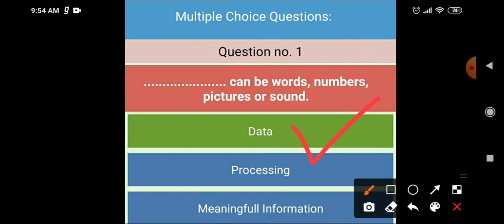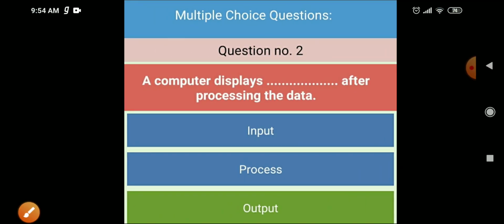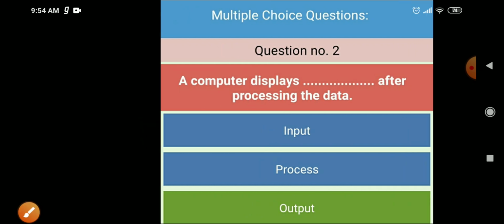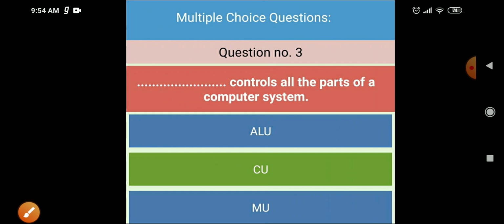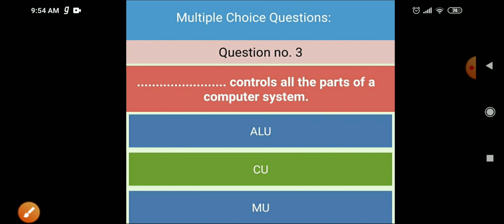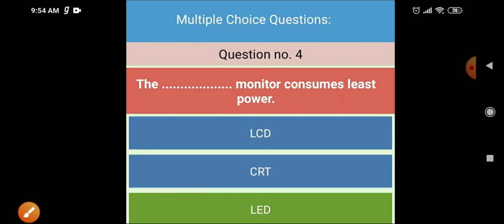Data can be words, numbers, pictures or sounds. Next is, a computer displays dash after processing the data. A computer displays output after processing the data. Next is, dash controls all the parts of the computer system. CU, control unit, controls all the parts of the computer system.